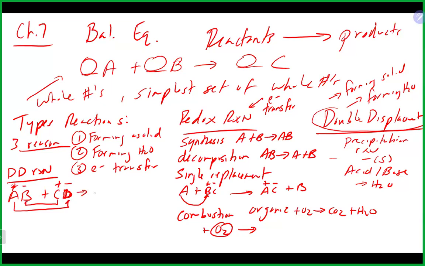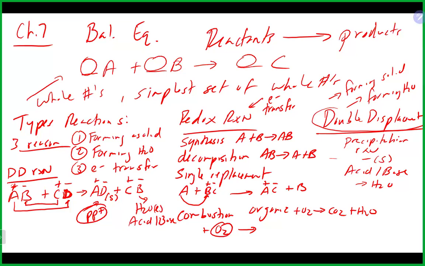That will give you two new ionic compounds on the other side. This is really where we form either a precipitate or water. So again, if one of those forms a solid, that is known as a precipitate. And if one of them forms water, that is probably a result of an acid-base reaction.